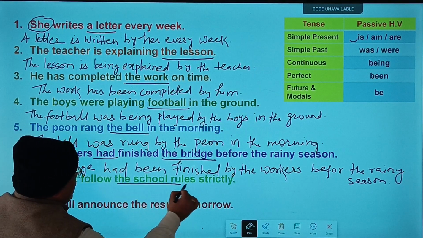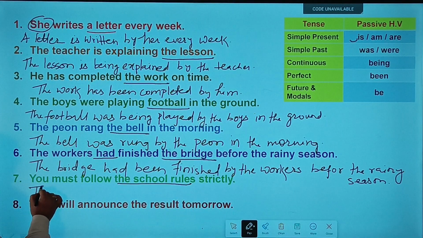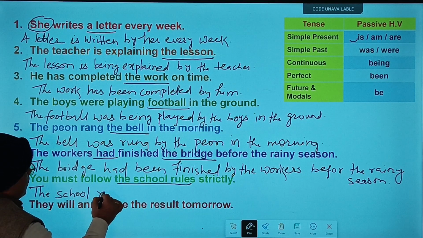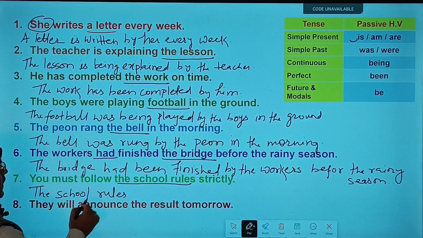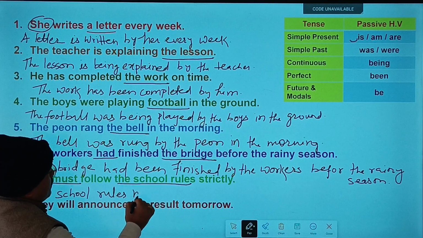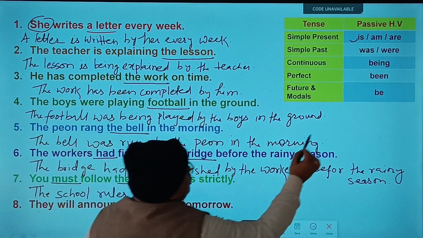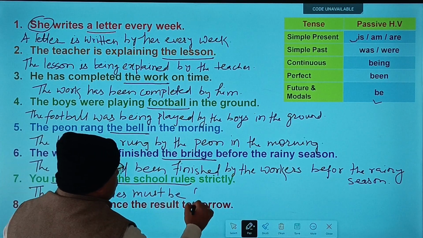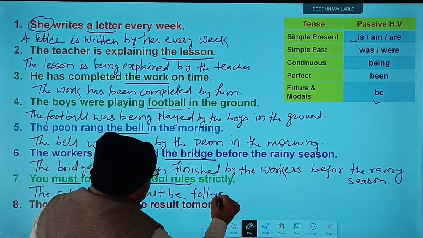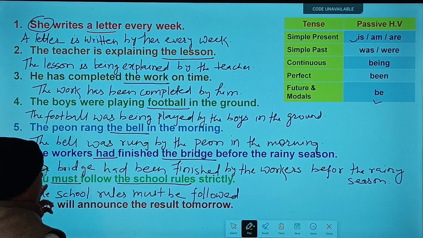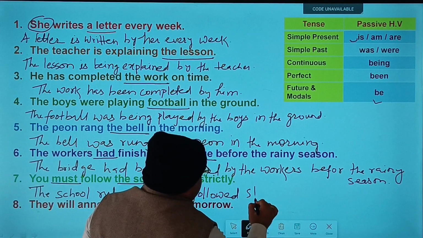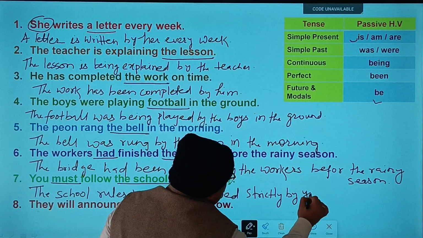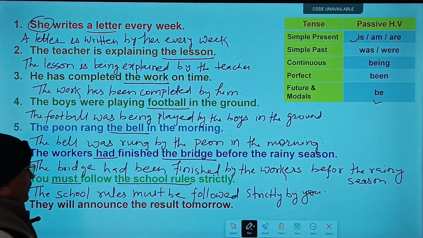You must follow the school rules strictly. What is the object here? The school rules. Must is a modal verb, so must be followed. The school rules must be followed strictly by you. Yes or no?